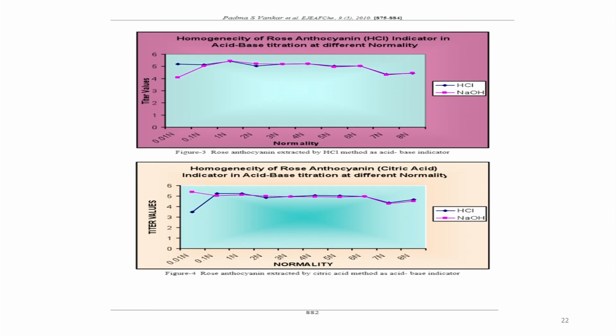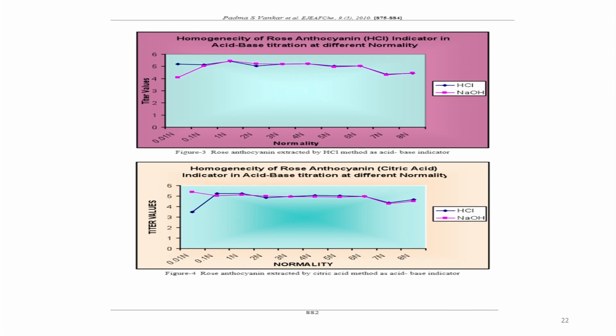And it did show homogeneity. Now, this is a very, very important fact. Suppose there was no homogeneity, what would happen? As we change the normality of the acid and base, the points would not coincide.